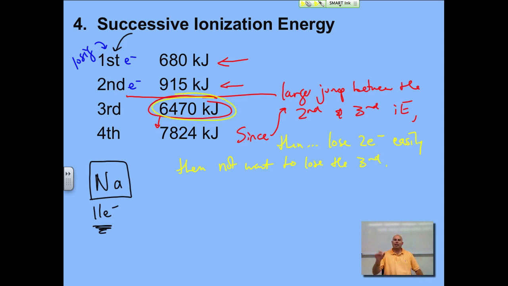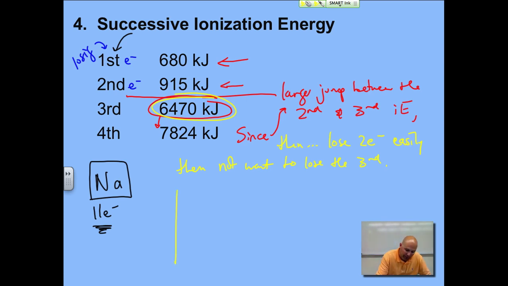So what family, what group, would lose 2 electrons pretty easily, but then not want to lose a third? Well, the ones that, once they've lost 2, are like a noble gas.